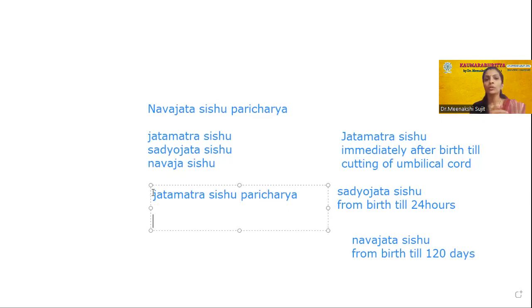As we came to know, first thing is Jatamatra Shishu is the baby immediately after birth till cutting of umbilical cord. So what all procedures may be included here? First one is Pranapratyagamana.